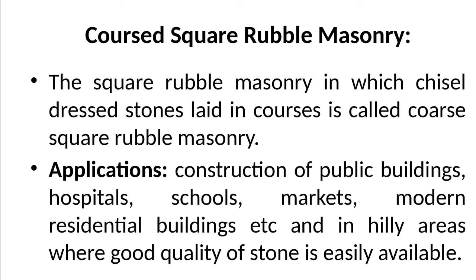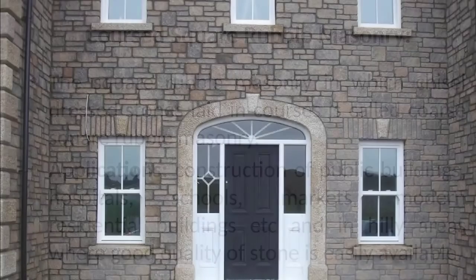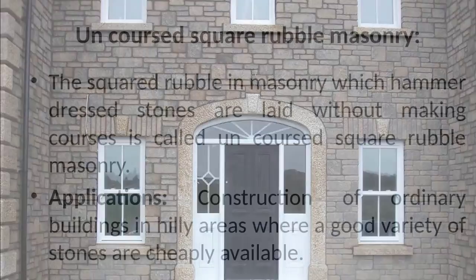The stones are to be laid in courses of equal layers and the joints should also be uniform. Its applications are in public buildings, hospitals, schools, markets, etc. And mainly it is used where good quality of stone is easily available.